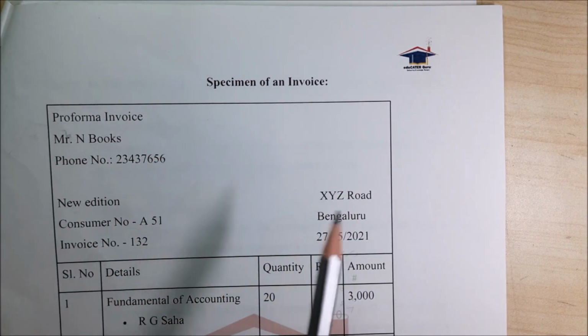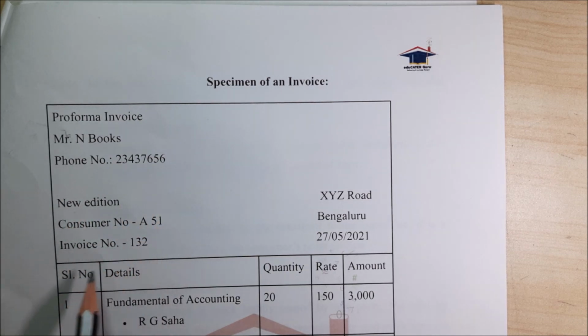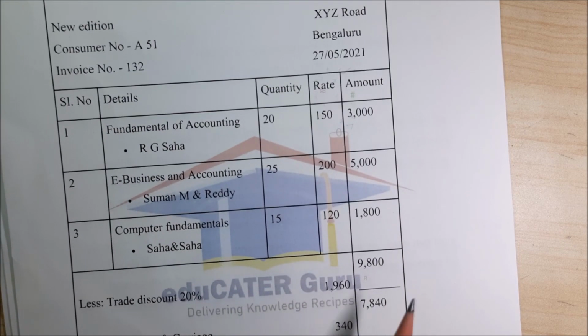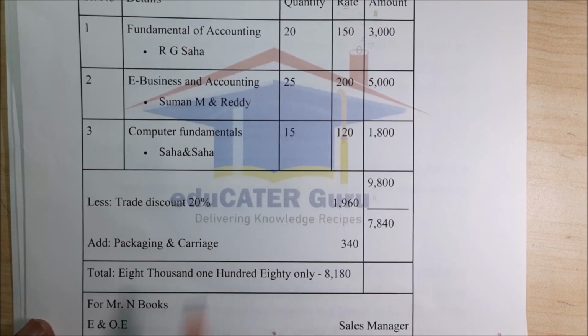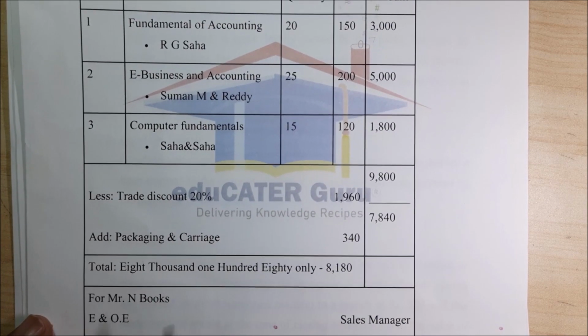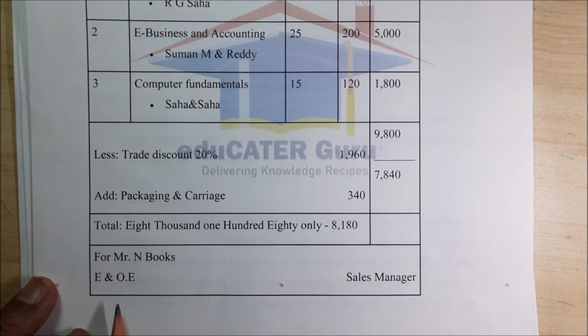You can see the pro forma invoice, Mr. N Books, phone number, customer invoice, XYZ Road, Bangalore, where the quantity, rate and amount are given. Then if any discount is there, give that discount. Then packaging and carriage, then the total. Then E and OE, errors and omissions accepted. Then the sales manager.